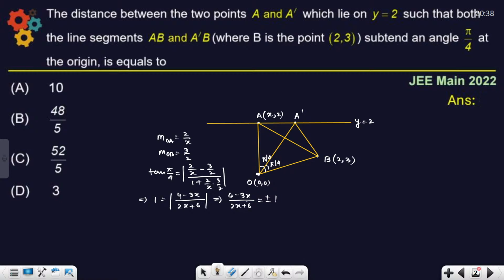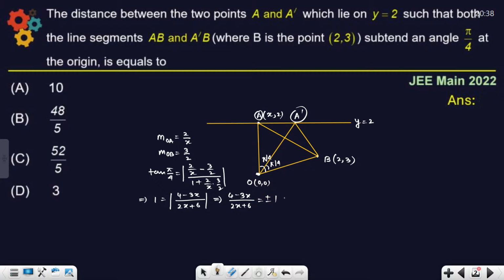Now you can easily see why I told you in the beginning of this question that, since these 2 points are symmetric, automatically the second point will come. From this equation, you are going to have 2 values of x, which are nothing but the abscissae of A and A dash. I will take this advantage when this symmetry happens.